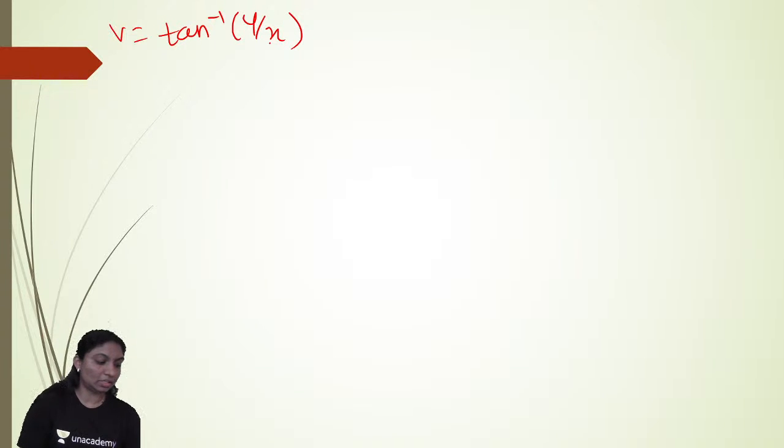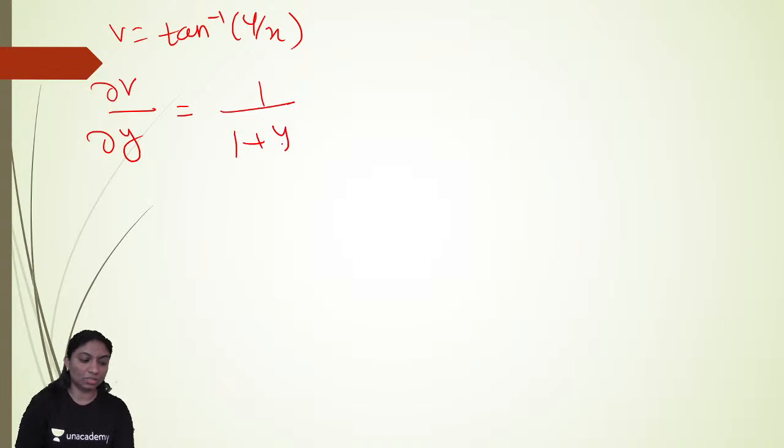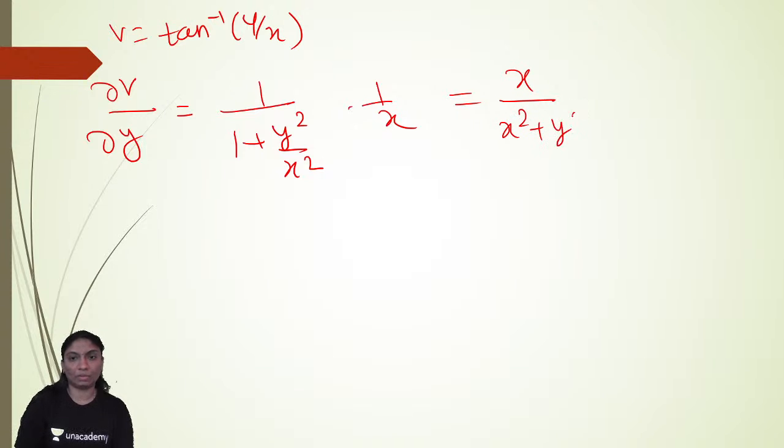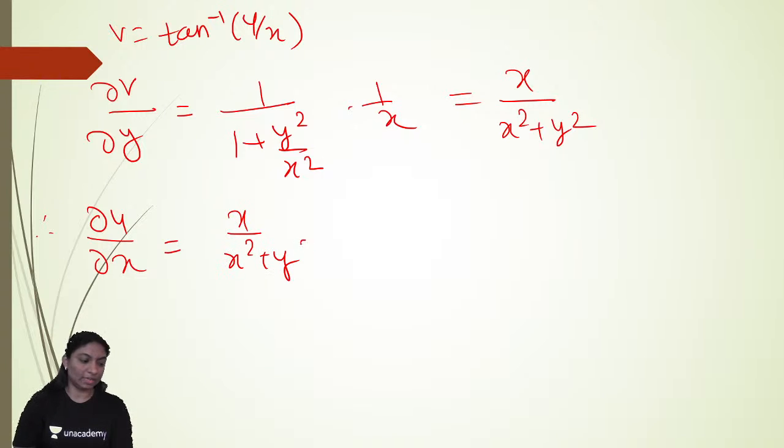So ∂v/∂y is equal to 1 upon 1 plus y square by x square into 1 upon x, which is equal to x upon x square plus y square, because x square plus y square upon x square is in the denominator, so x cancels out. Therefore ∂u/∂x is equal to x upon x square plus y square, and ∂v/∂y is the same. The first equation is satisfied.